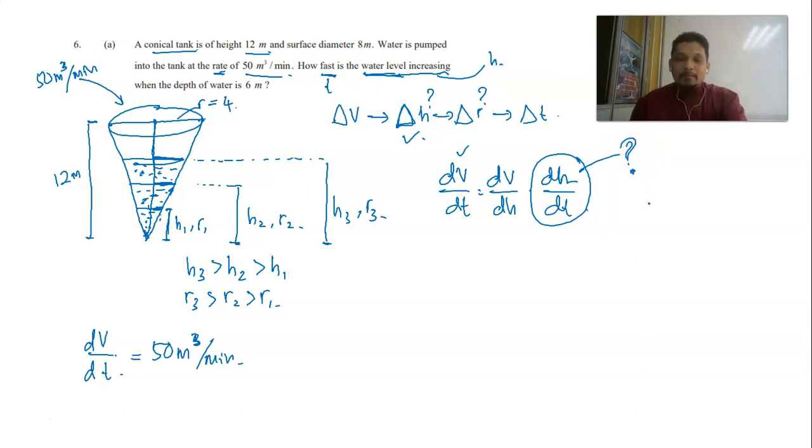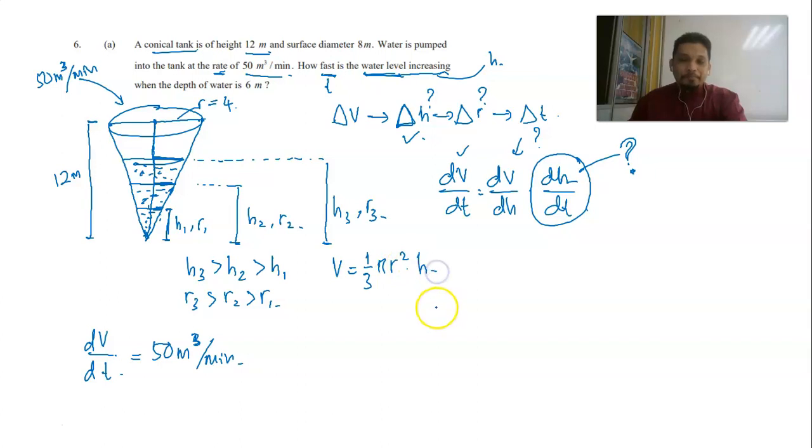So this is the question now. But then, what about dV/dh? Let's write down the formula of the volume. V equals one over three pi r squared h, because this is a cone, and the surface of the conical tank here is a circle, pi r squared, and then the height.